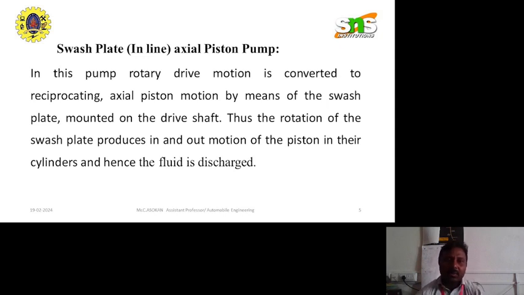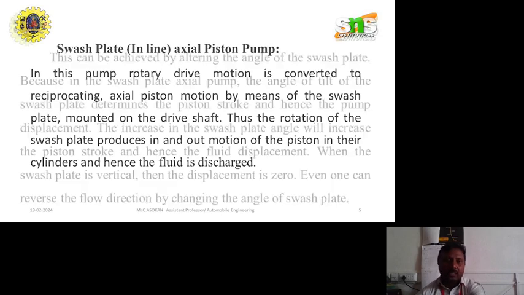In this type, rotary driven motion is converted to reciprocating axial motion by means of the swash plate mounted on the drive shaft. The rotation of the swash plate produces in and out motion of the piston in its cylinder, and hence the fluid is discharged.